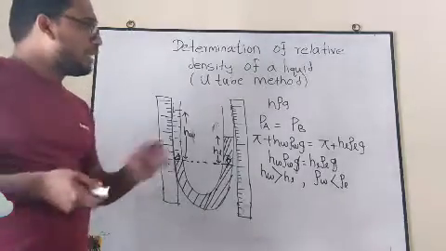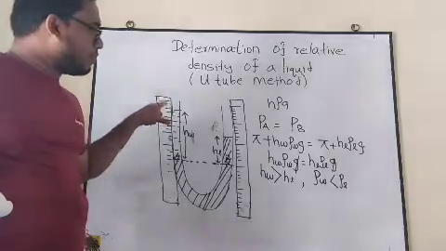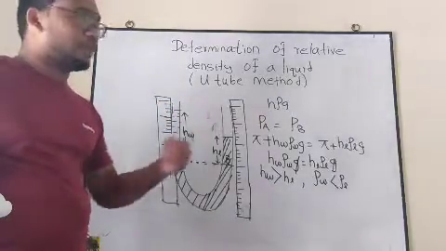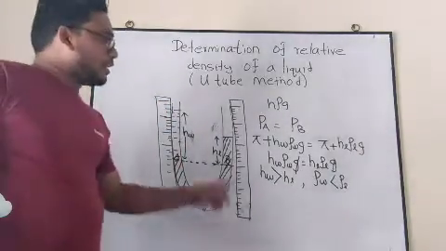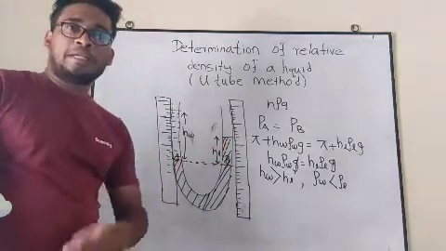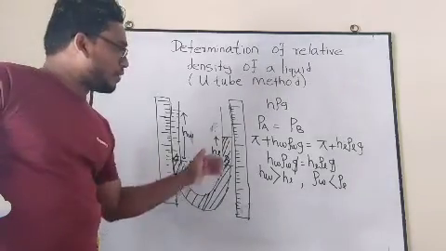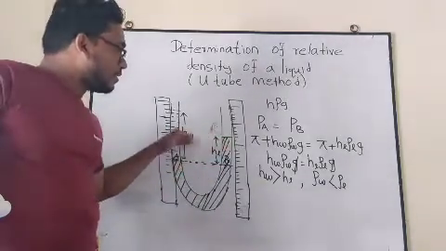Okay, that's why we change the length of the water column to get different readings. If we change the liquid, what happens? The liquid is denser, so it's going to rise.